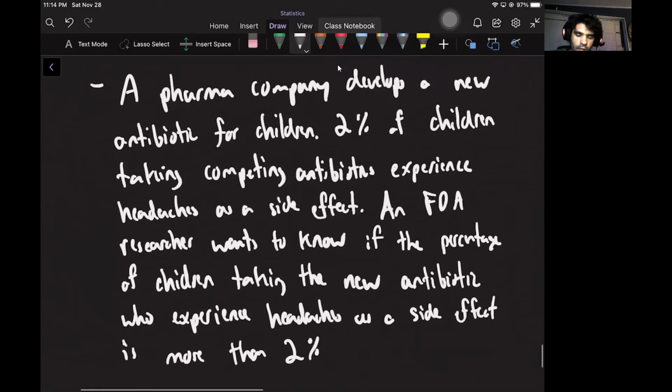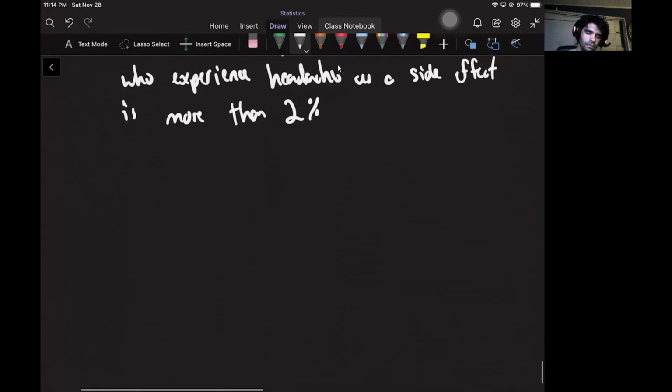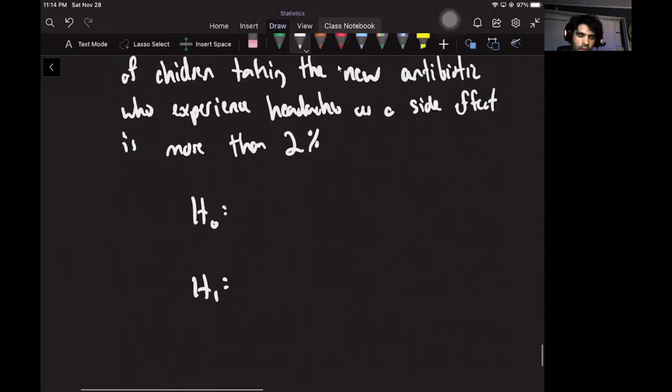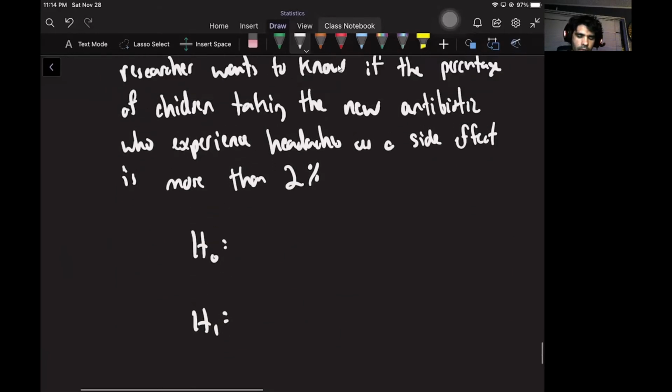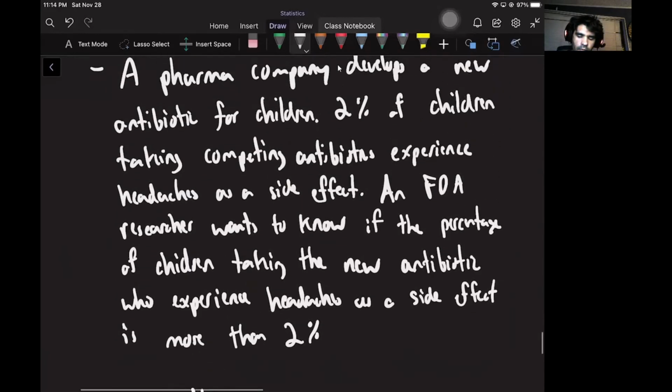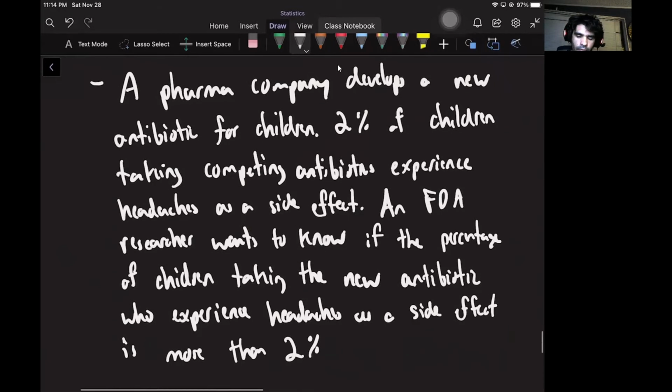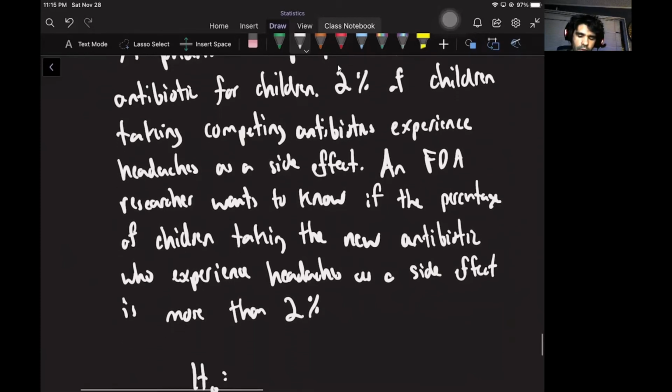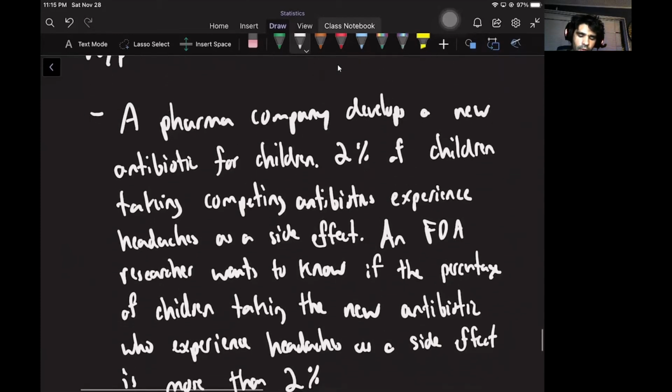All right, so a lot to unpack here, big giant word problem. But all we're trying to do is write down the null hypothesis and the alternative hypothesis. So we're halfway done there. That just starts it. So what is this researcher assuming is the typical percentage or proportion, because percents are proportions, what is the typical proportion of children that usually get headaches with this type of medicine, competing ones though?